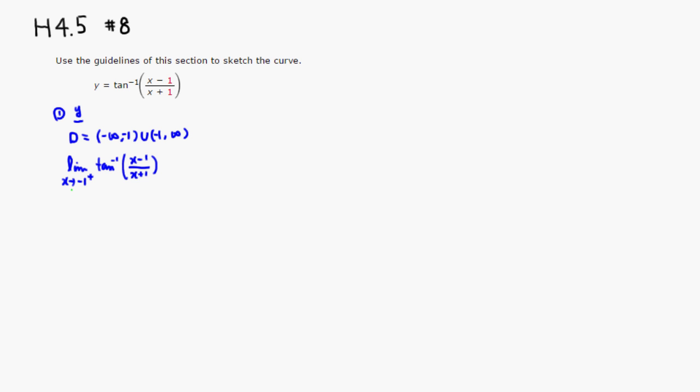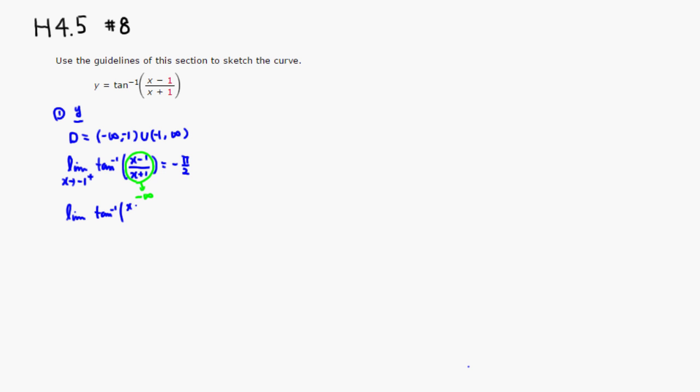So if x approaches negative 1, you have negative 1 minus 1, so it's negative 2. And here is negative 1 plus 1 from the positive side, so it's going to be positive 0. So this is going to approach negative infinity. Right? So if you have an arctangent of negative infinity, this is going to head toward negative pi over 2, right?